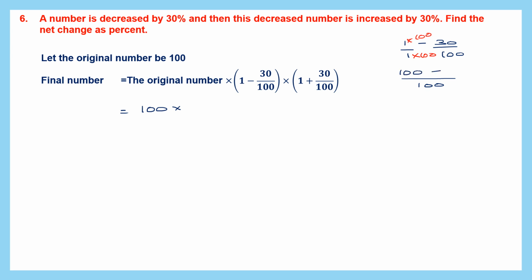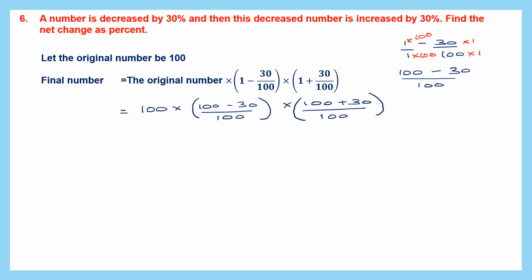And here 100 into 1. So this is also into 1. So 30 into 1 is 30. So let's write this 100 minus 30. In brackets we can write that 100 minus 30 by 100 into. Now here, since it's plus, we just have to say 100 plus 30 by 100.